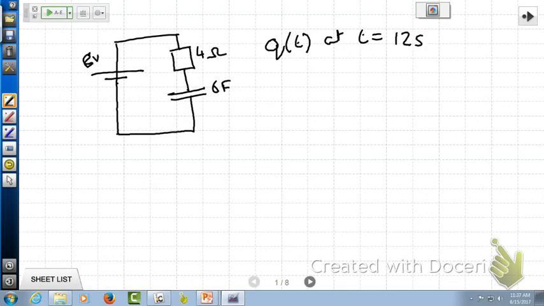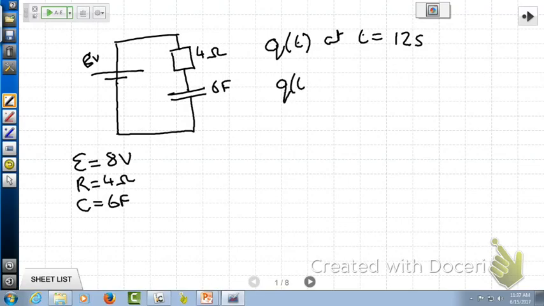So how would we do it? We'd say E is equal to 8 volts. I'd say R is equal to 4 ohms. I'd say C is equal to 6 farads. I would say my Q, which is time dependent, is equal to, if you like, Q max times 1 minus e to the minus t over RC.